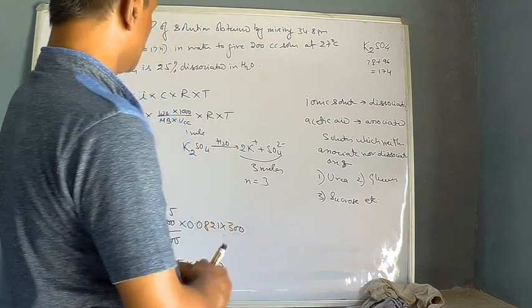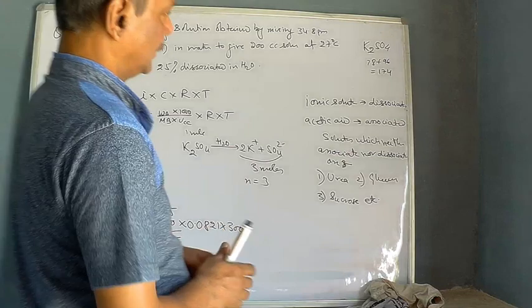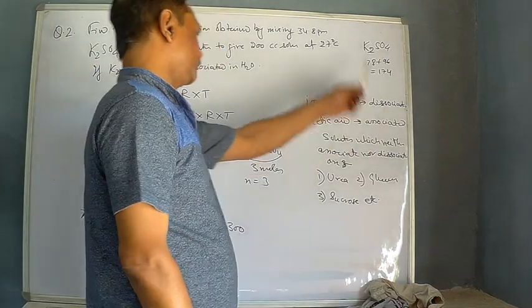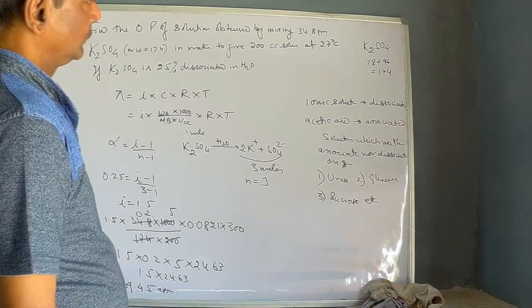But in today's class, we have taken up NaCl, potassium sulfate, and we know that they are ionic solutes, so they will dissociate, and if they dissociate, then you will have to always use van't Hoff factor.